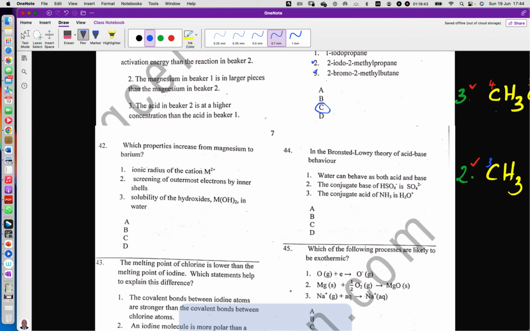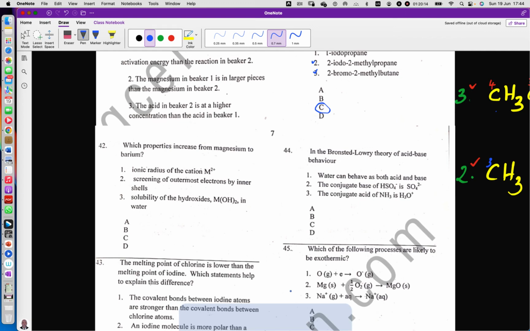Solubility of hydroxides. The solubility of the hydroxides is increasing down the group. Magnesium hydroxide, to an extent, is really insoluble in water, but as you go down the group to barium, the solubility increases. So 1, 2, and 3 are all right from magnesium to barium.